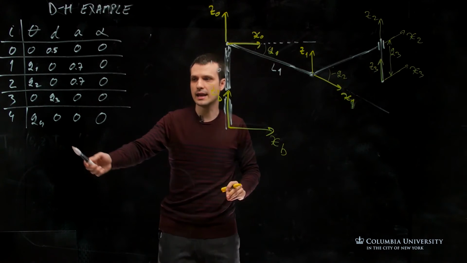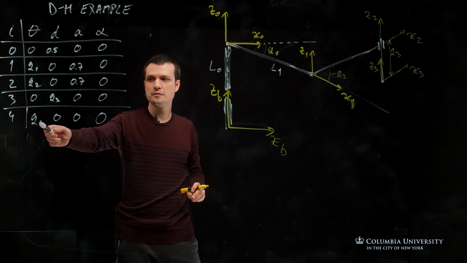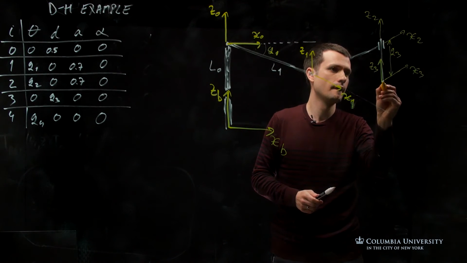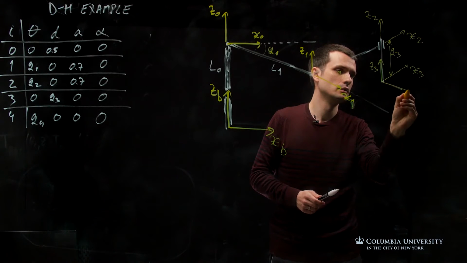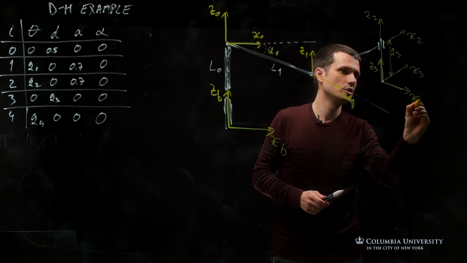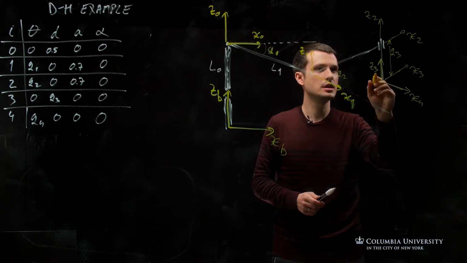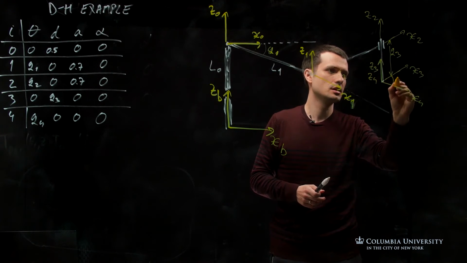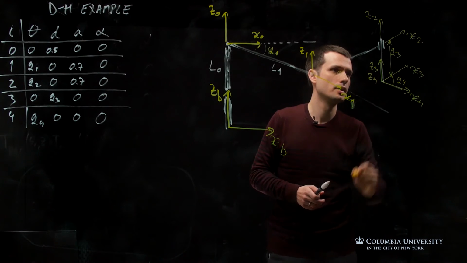And finally, the last joint is, again, a rotation around Z by Q4. So this is going to be X4. Z3 is the same as Z4, it's unchanged. And this is Q4.